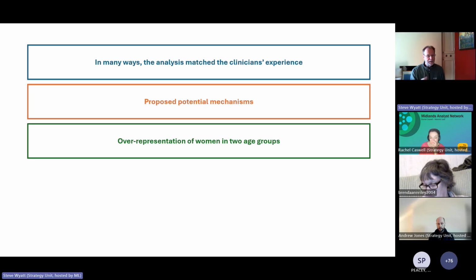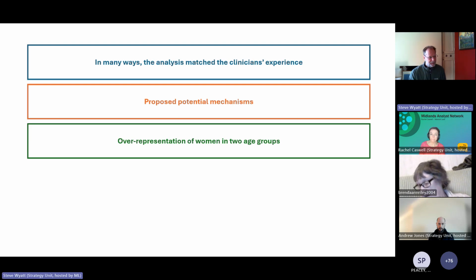In terms of the reasons why we're seeing overrepresentation of women in these groups, they talked about medical misogyny, they talked about normalizing female pain, they talked about lack or absence of pathways for certain sex-specific gynecological conditions.